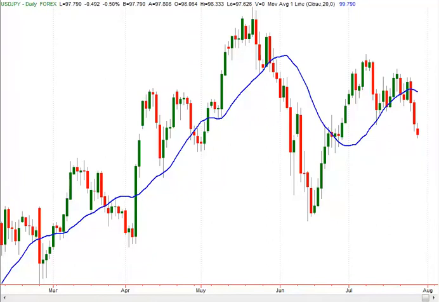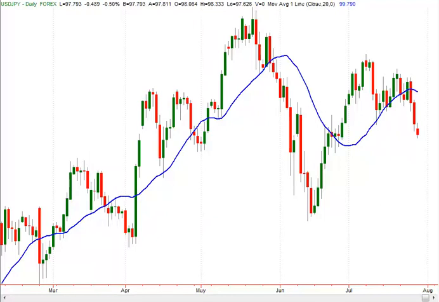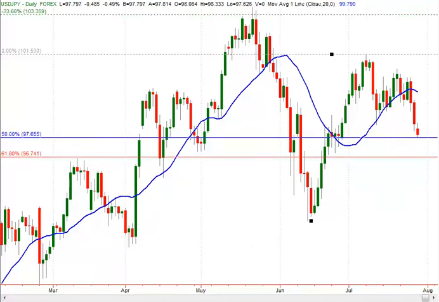Eventually we got a bounce, very weak, from this 20-day moving average going higher, but price eventually continued lower, and last week I showed that the first target could have been this 97.70 area, and that's where we got. So at the moment we could see a retracement.